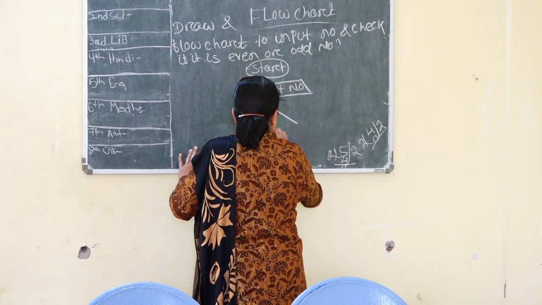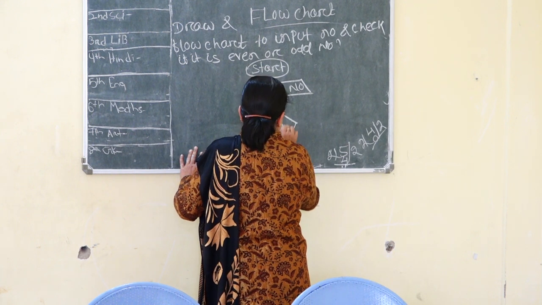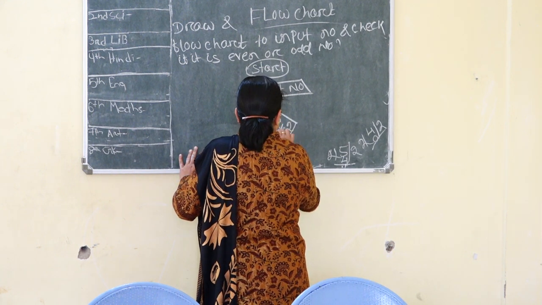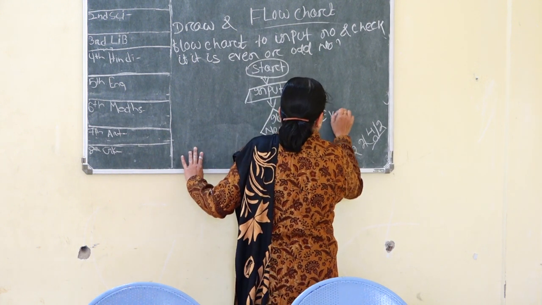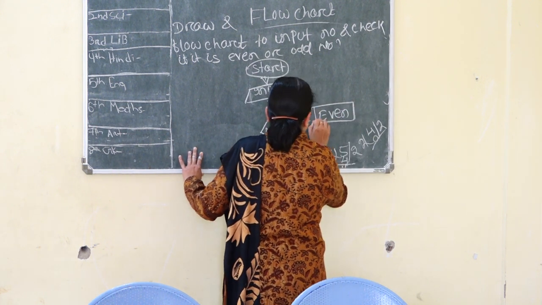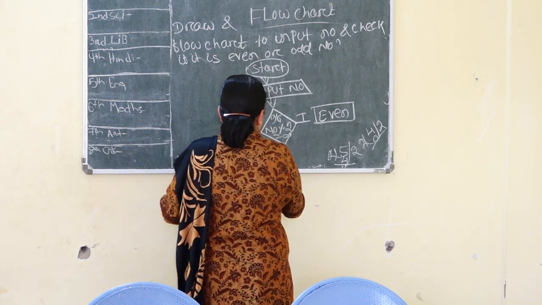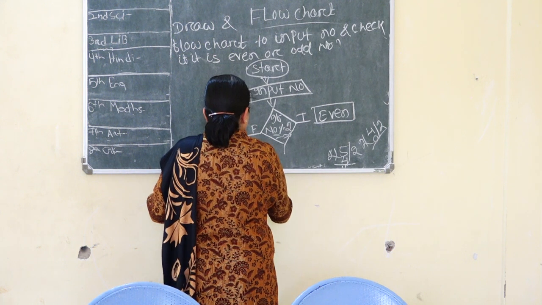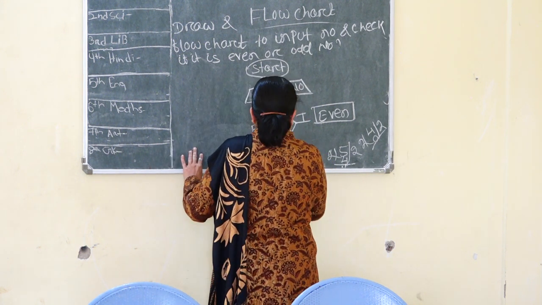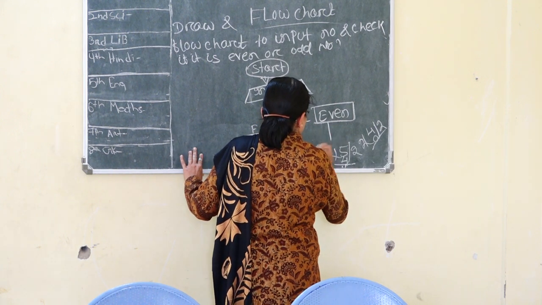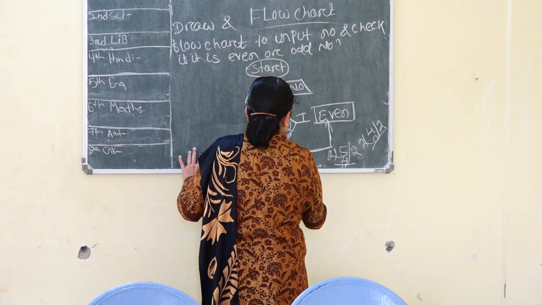If number modulus 2 equals 0, and if it is true, then it is even, and if it is false, then it is odd. Yes or no? Then you stop.